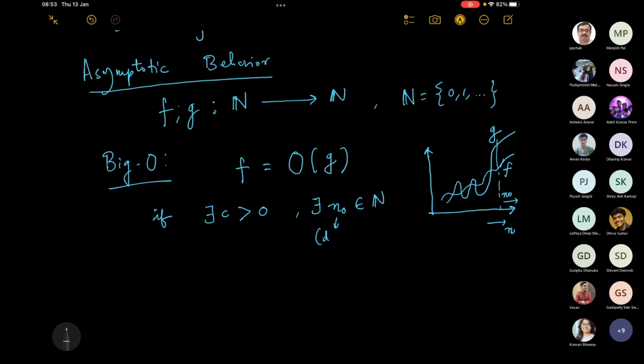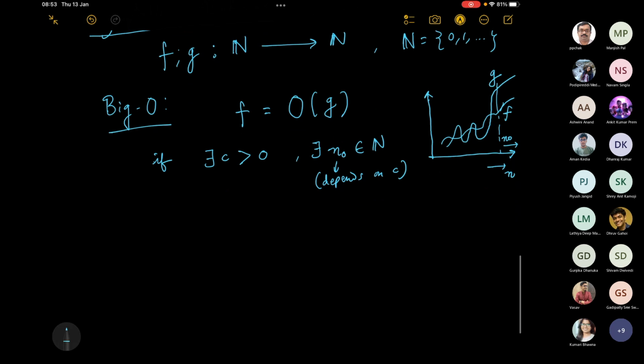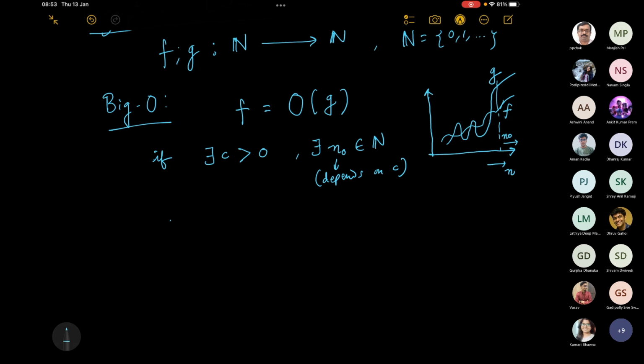That means you first choose c, then appropriately choose n naught based on what c you chose. There exists a c and an n naught such that f of n is less than or equal to c times g of n for all natural numbers n greater than or equal to n naught. That means focus only on large numbers.